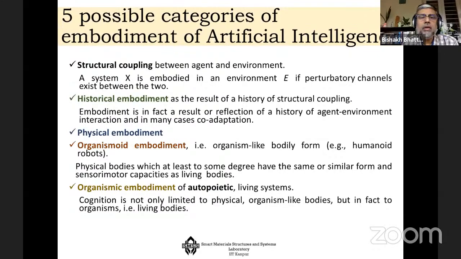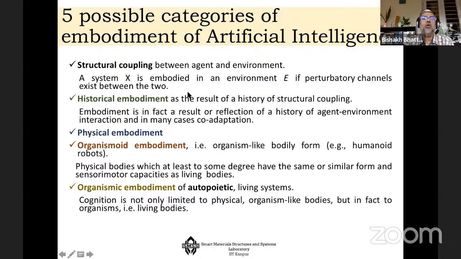Now, this brings into context how we can develop an artificial intelligence system, and what the different classifications or grades of such systems are. The crudest of them is where there is structural coupling between an agent and an environment.